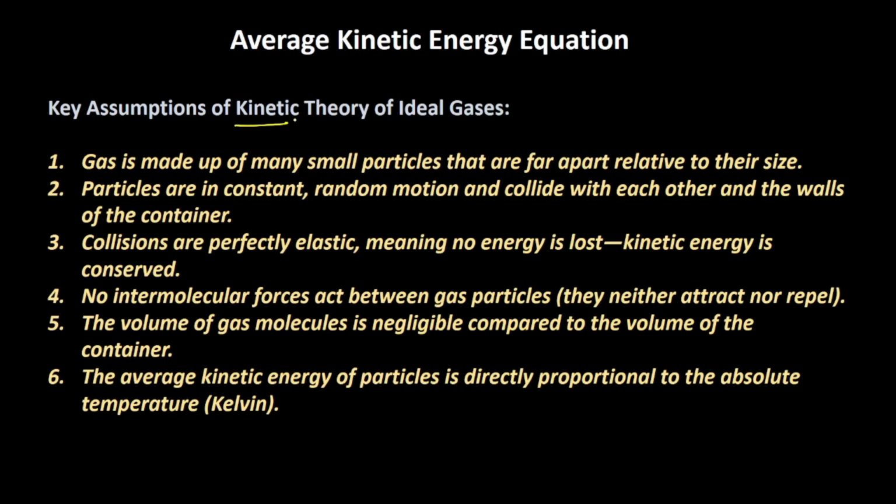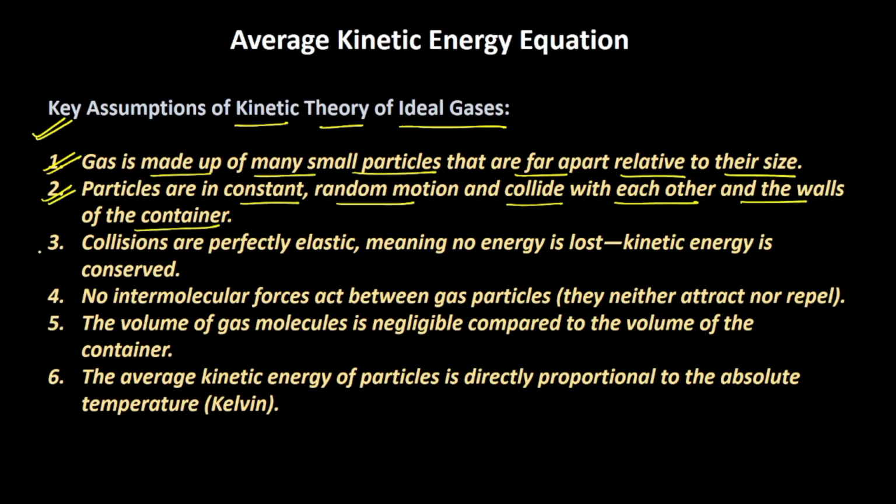Now, for the kinetic theory of ideal gas, there are some key assumptions. The gas is made up of many small particles that are far apart relative to their size. The second one is the particles are in constant random motion and they collide with each other and the walls of the container. The third is the collisions are perfectly elastic, meaning no energy is lost, the kinetic energy is conserved.